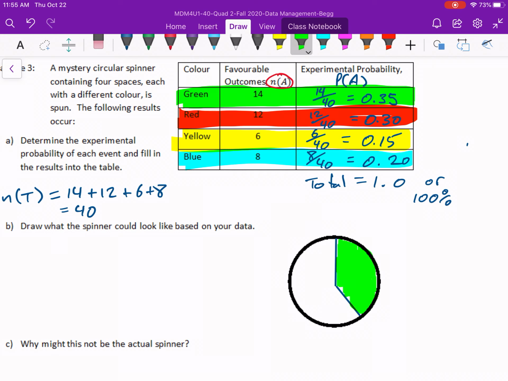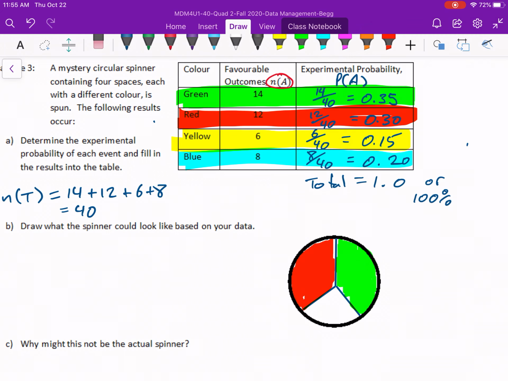And red was 30%. So maybe I'll just do that over on this side. It's easiest to estimate there. So not quite as big as green, but still fairly large. And let's see, yellow was 15%.